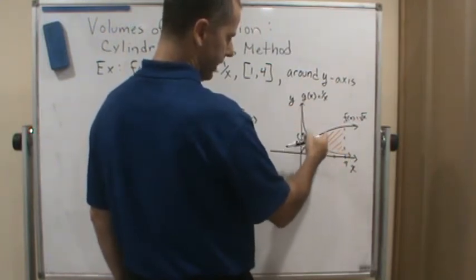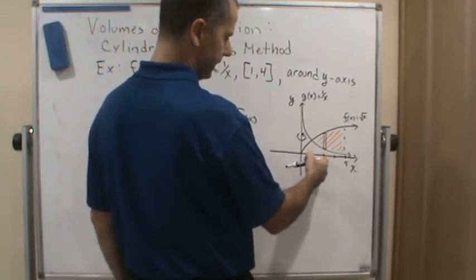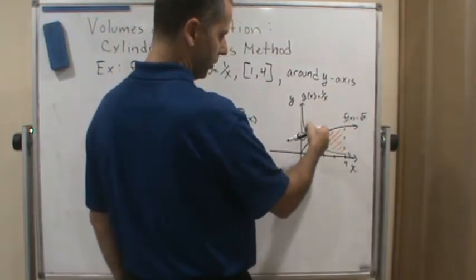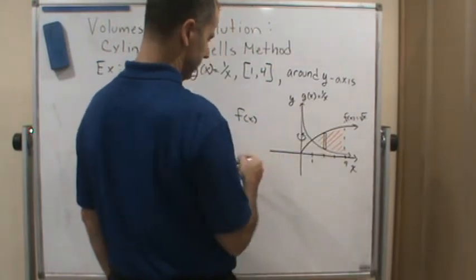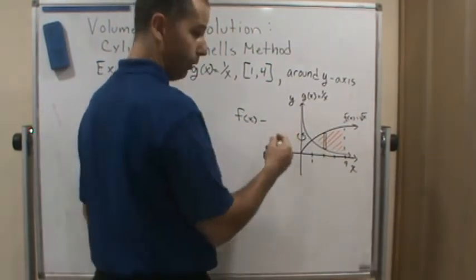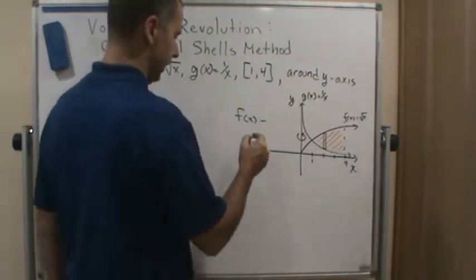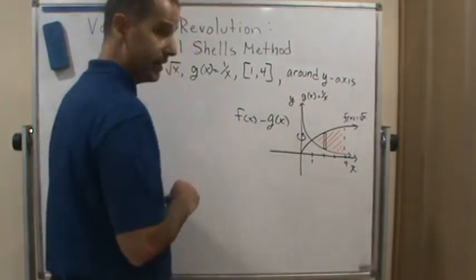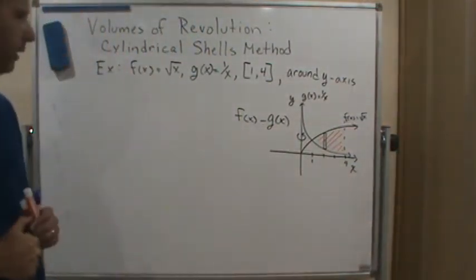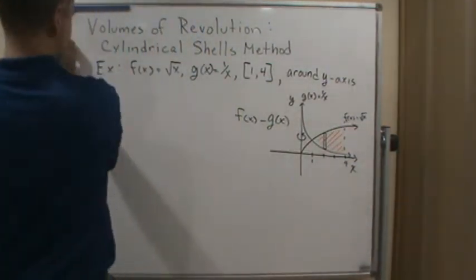Basically we take the distance from the x-axis to f of x, and subtract the distance to g of x. So now our height of a rectangle is replaced with this. And that's it. That's the only difference. Okay? So let's do it.